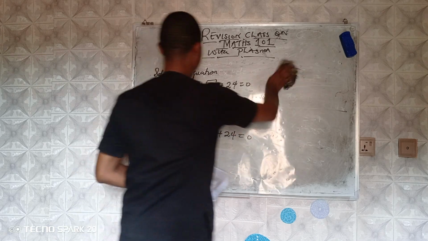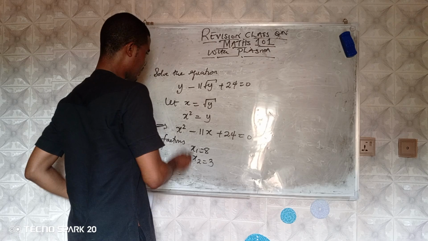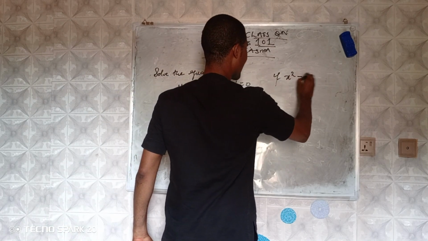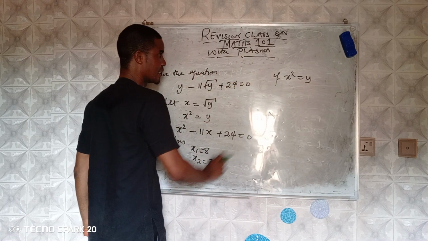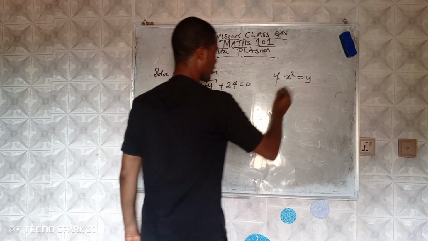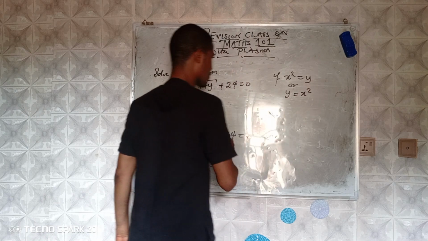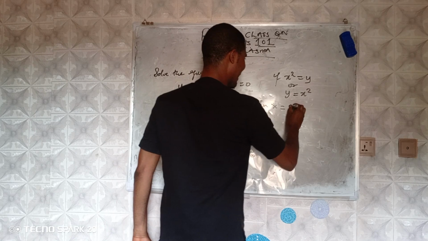Having gotten that, I will now not stop here. I will say if x squared is equal to y, because I'm looking for the values of y, not actually x. If x squared is equal to y, or y is equal to x squared.